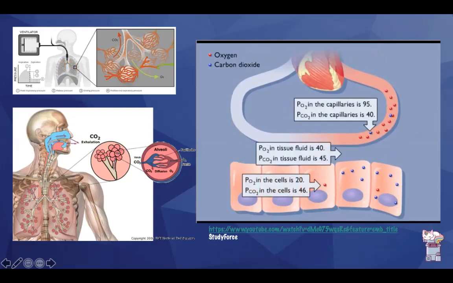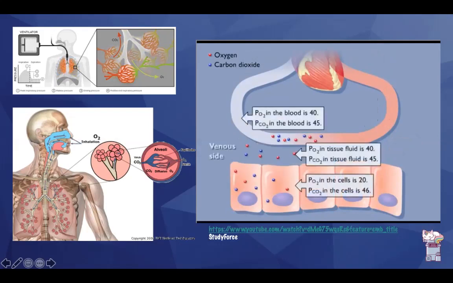some oxygen was removed from the blood to nourish lung tissue. Therefore, the PO2 in arterial blood leaving the heart is 95. Oxygen diffuses out of the arterial ends of tissue capillaries into the tissue fluid, then into the cells, and carbon dioxide diffuses out of the cells into the tissue fluid, then into the blood because of differences in partial pressures.